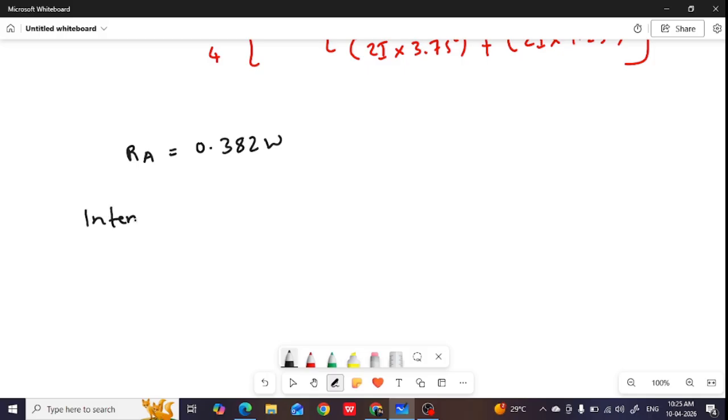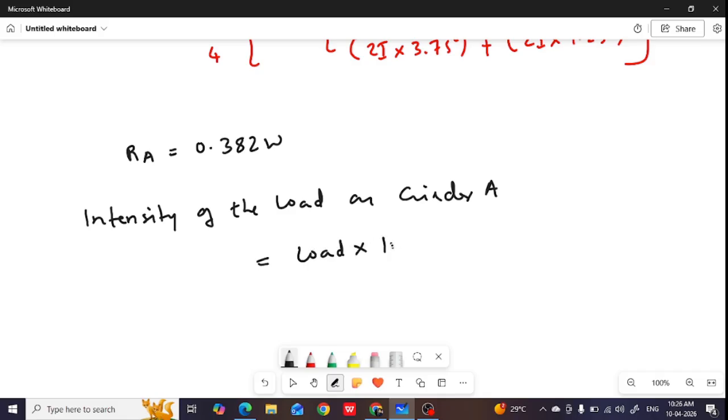Intensity of the load on girder A equals load into impact factor divided by contact length of the load.